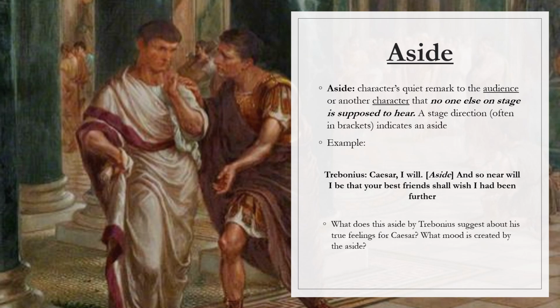And what mood is created by the aside? So here the aside is spoken almost right to the audience. And then we truly understand that Trebonius is no friend of Caesar's at all, but he is plotting something awful for him. So it creates this tense and very ominous mood about the play.